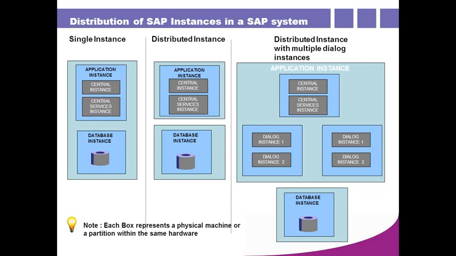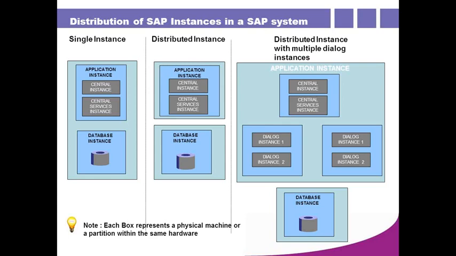So this is how we will use it: single system, distributed, and distributed with multiple instances. Also, don't take this for granted. This is one example of how 6 instances are installed on 3 servers. But if you want 6 instances on 6 servers, that is up to your client requirement, how he wants to install and run his business.